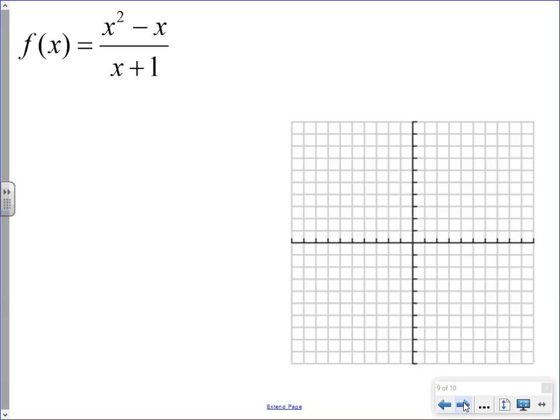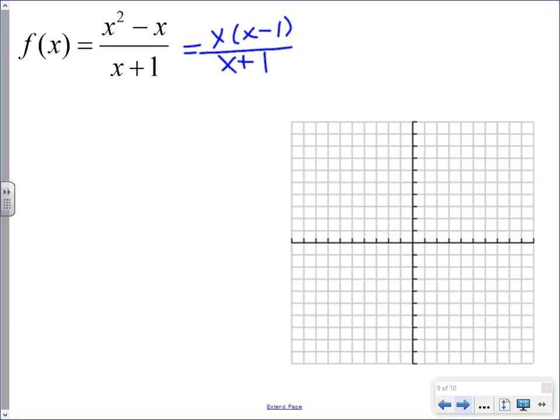Here we go. X squared minus x over x plus 1. What is your first step? Always. See if you can simplify. That should include factoring both the numerator and denominator if you can. Cool.